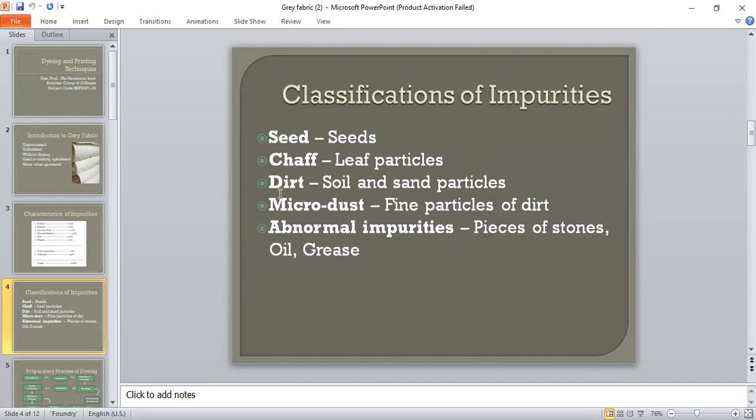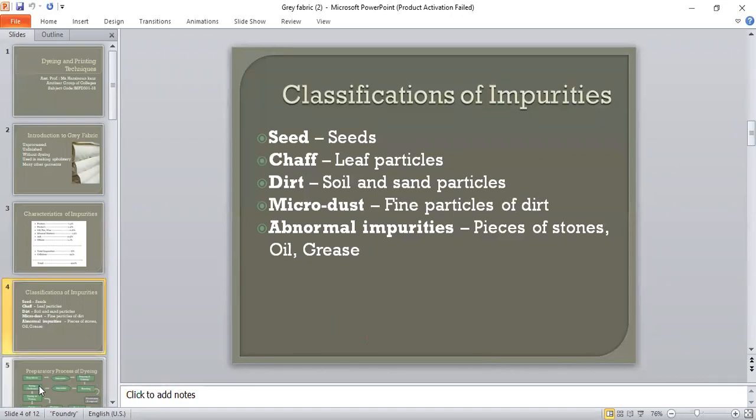Next is dirt. Dirt, you all know, which is soil and very fine sand particles. Then is microdust. Microdust is very, very fine particles of dirt. Then abnormal impurities, which include pieces of stones, oil, grease, wax. These are the abnormal impurities. Are you all clear?